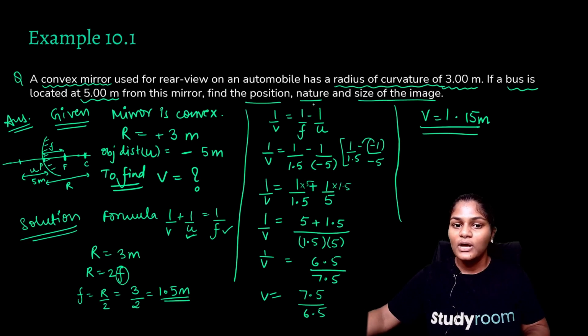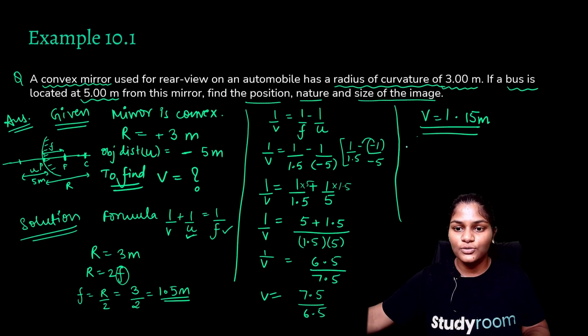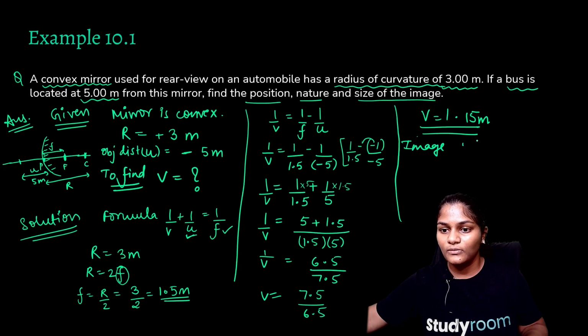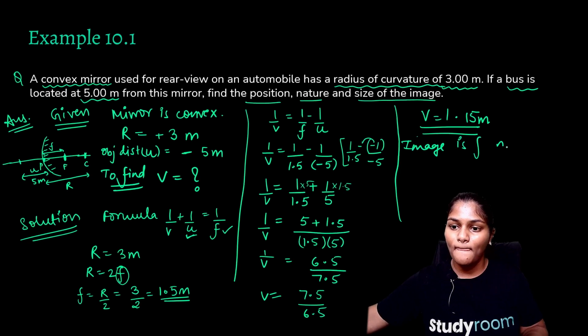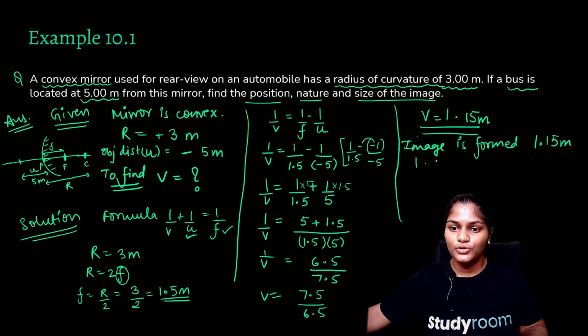Okay, now we have found the position of the image. We know that the image, so you can write a line here, image is formed 1.15 meters behind the mirror.